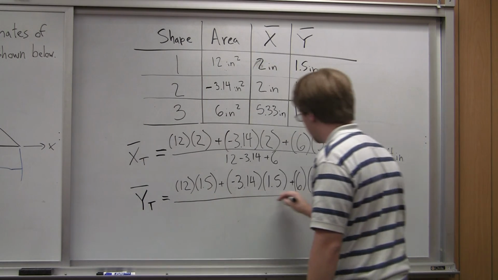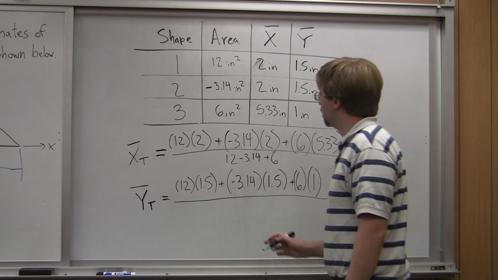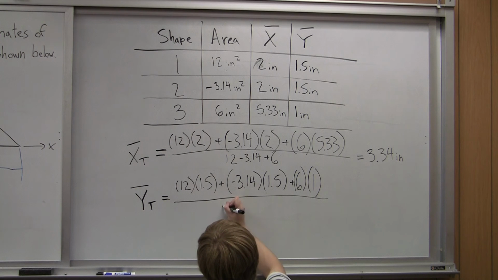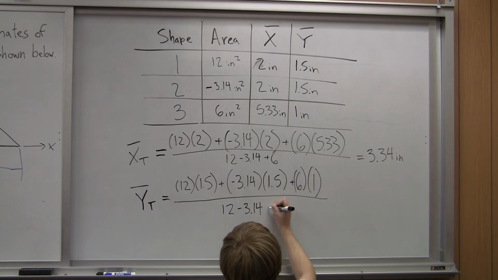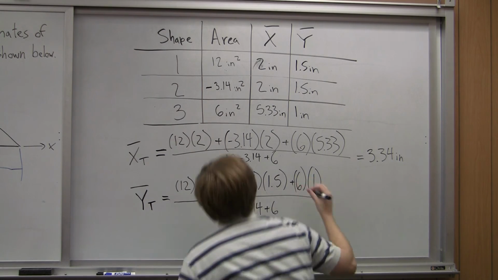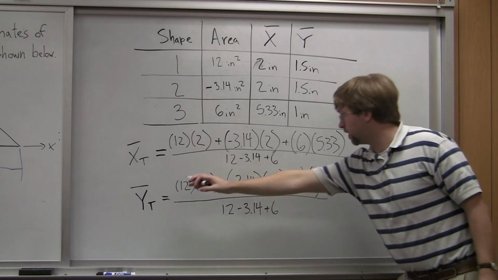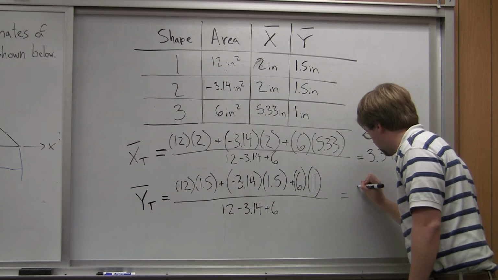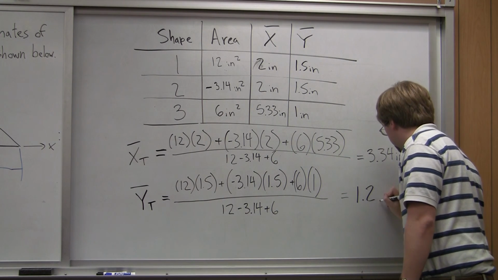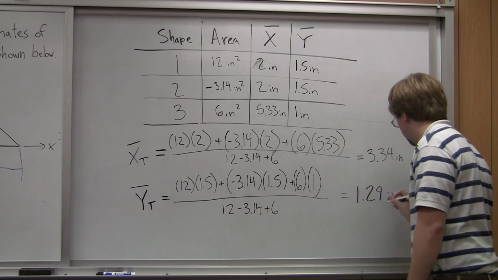And again, I'm going to divide that by the total area, so 12 minus 3.14 plus 6. And if I do all of this math, I should end up with about 1.29 inches.